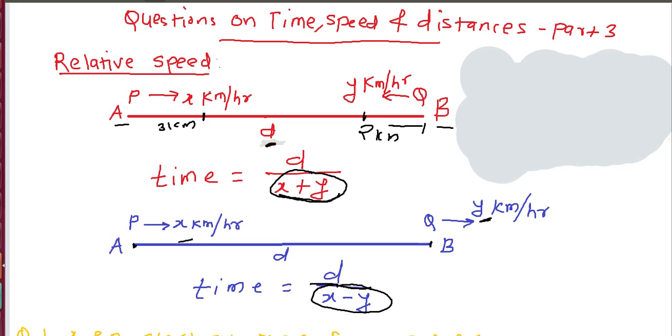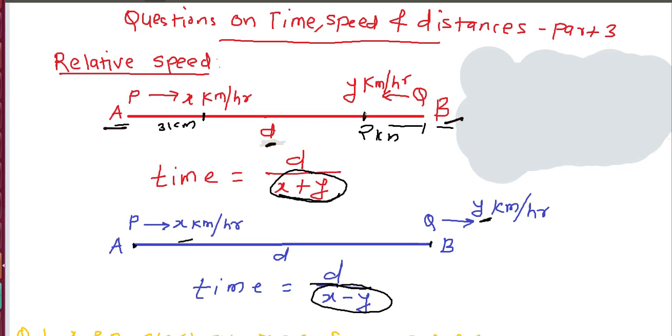So normally they move either in the opposite direction or in the same direction. For example, if the two bodies are moving in the opposite direction, like this is body A and this is body B. A is moving in this direction, B is moving in this direction.